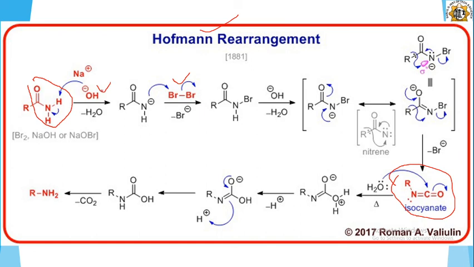When we treat terminal amides in the presence of NaOH and bromine, it gets converted to isocyanate, which finally converts to primary amine when we do workup with water. So this is another reaction.